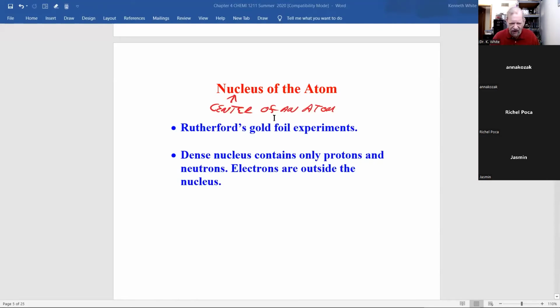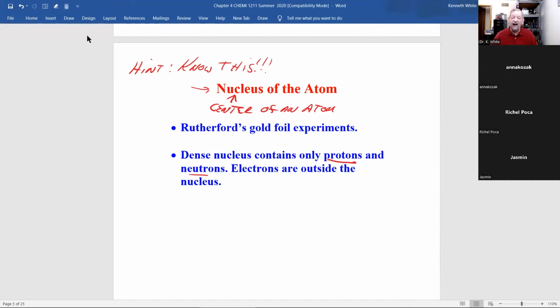And you should know that the nucleus contains only protons and neutrons.